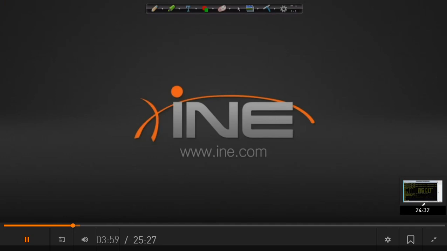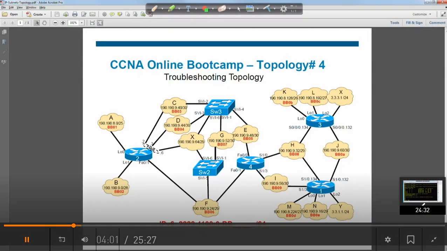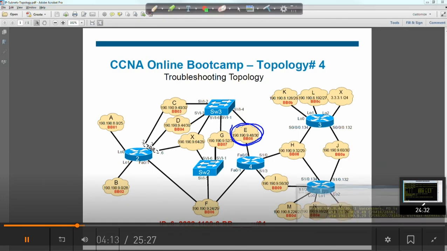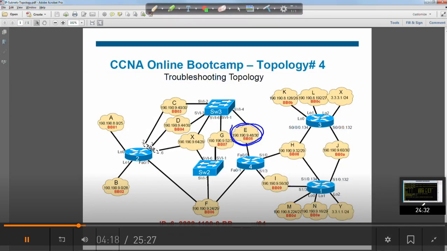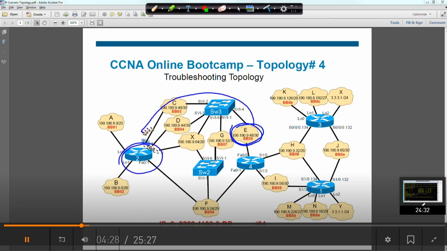Okay, so we're talking about router 2, and here is subnet E right here. So what it's asking you is, think about what type of OSPF LSA will be in router 2's database for him to learn about this network?